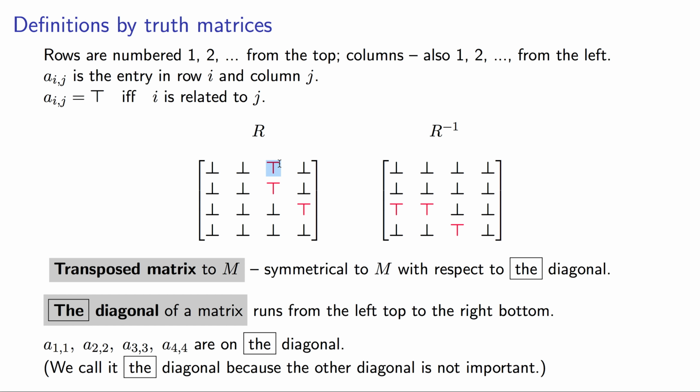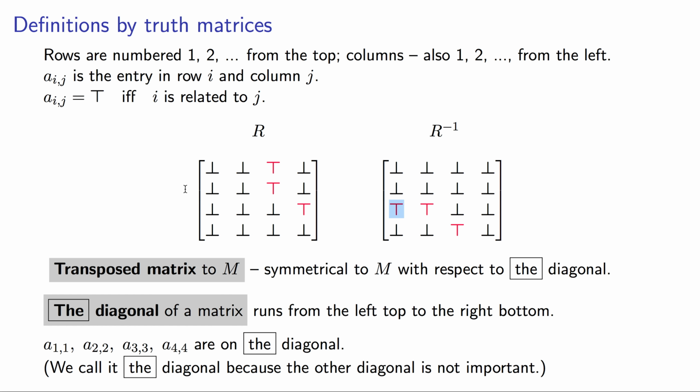So this is A sub 1, comma 3. And this belongs to row 3 and column 1. So this is the entry A sub 3, comma 1.